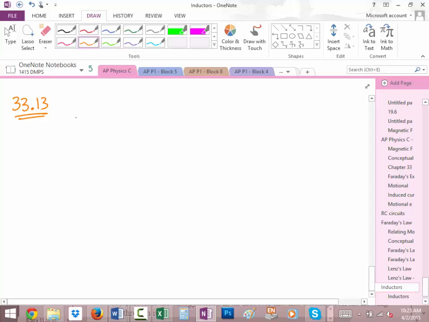So I is equal to 1.0 amps. L is equal to 10 millihenries. They want to know delta V induced across the coil if the current drops to 0 in a time of 5 microseconds.